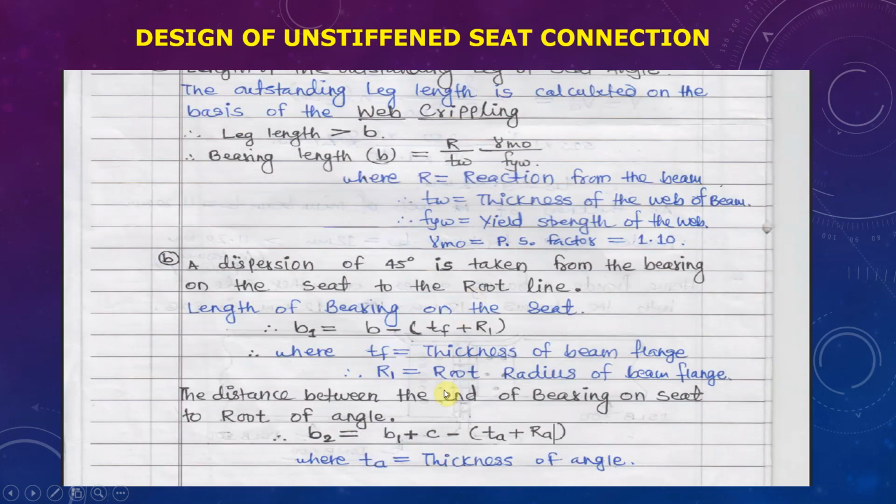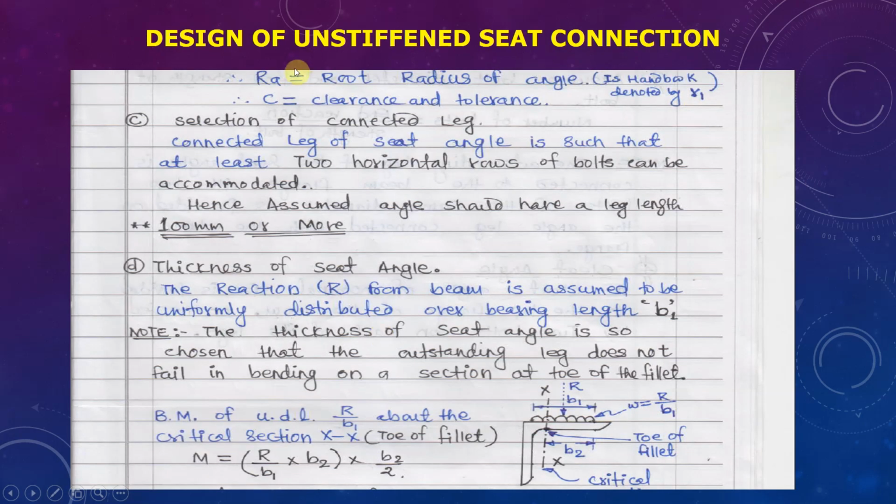Therefore B2 is equal to B1 plus C minus (TA plus RA), where TA is the thickness of the angle, RA is the root radius of the angle, and C is the clearance and tolerance. Now the next step is selection of the connected leg.